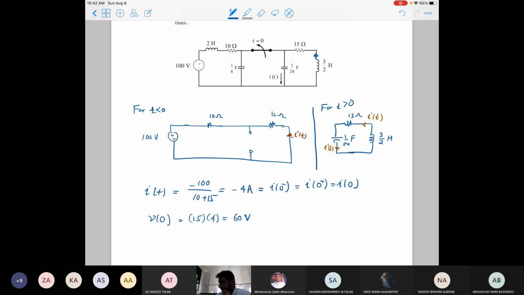The reason for using negative is, according to the passive sign convention, if the current enters from the highest potential terminal to the low potential terminal, it's going to be positive, otherwise it's going to be negative. And that's what we have.